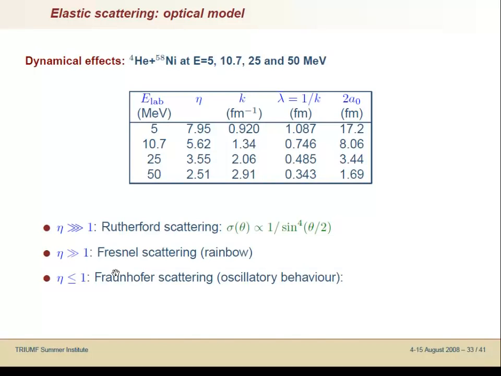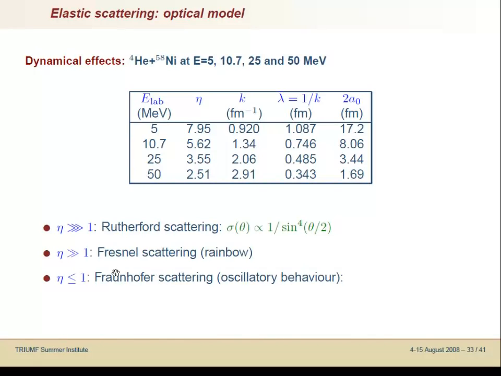So this gives us an idea of how close the projectile and the target will be in the most favorable situation, that is a head-on collision. So, for example, at 5 MeV, the distance of closest approach in this head-on situation is 70 Fermi.